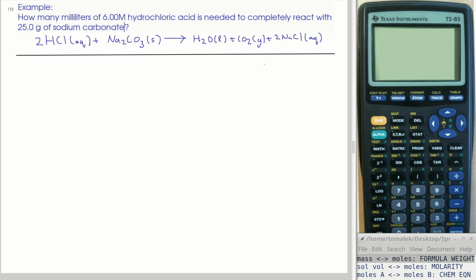So it looks like the way we're going to start this problem is something like this. The first thing we will do is convert 25 grams of sodium carbonate to moles. We will use the formula weight.